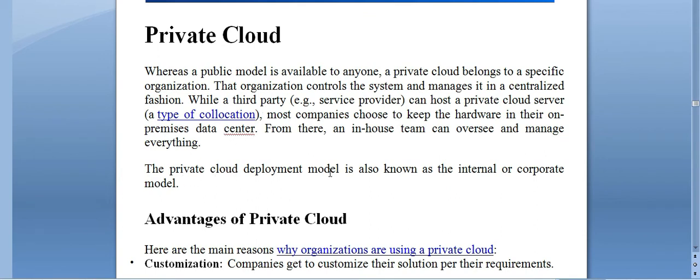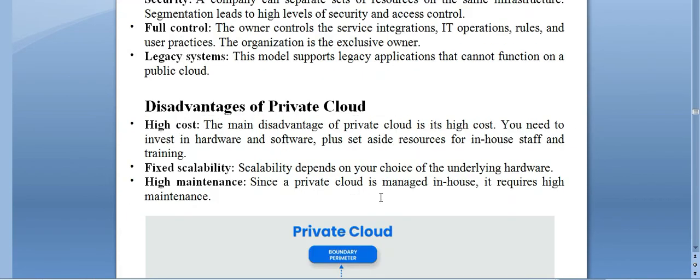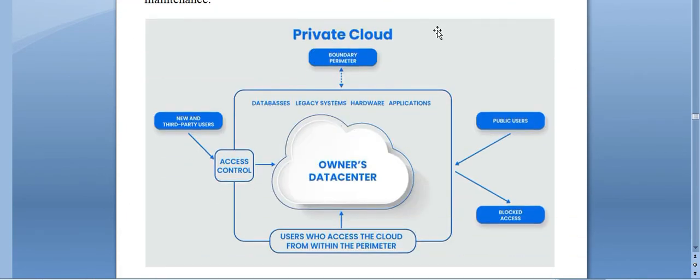So the private cloud deployment model is also known as the internal or corporate model. So this is the private cloud, and the boundary perimeter is there. Here the owner's data center, database, legacy system, hardware, applications, the app, and the access control is the new and the third party users, so if someone else wants to access, there are some access control mechanisms.